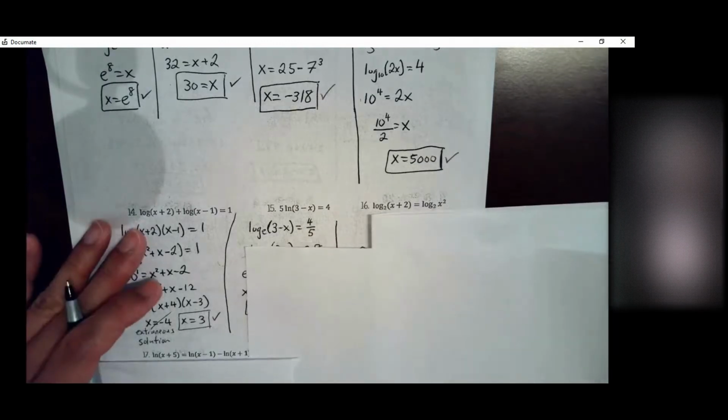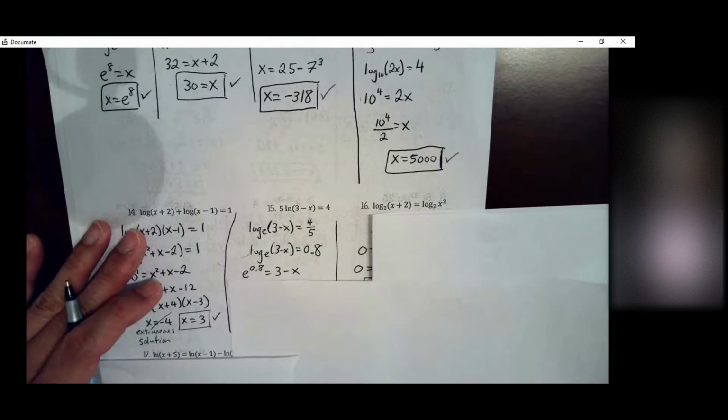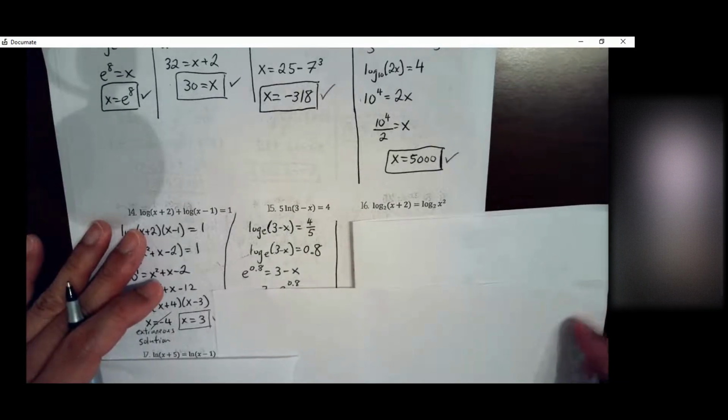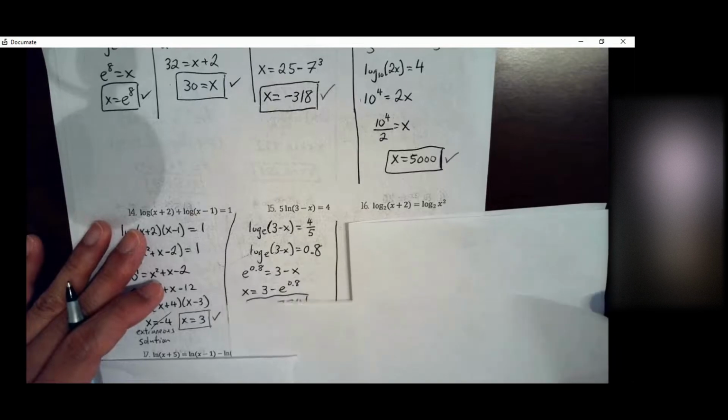Can we do 4 divided by 5? Okay, so natural log of 3 minus x equals 0.8. Log base e of 3 minus x equals 0.8. So e to the 0.8 equals 3 minus x. e^0.8 minus 3 equals -x.